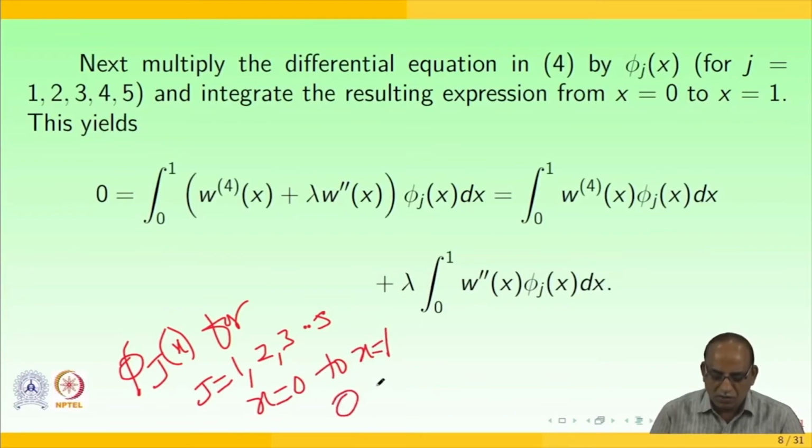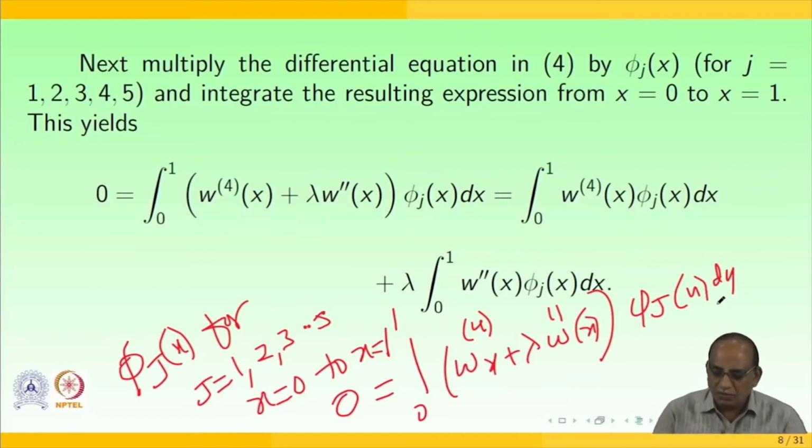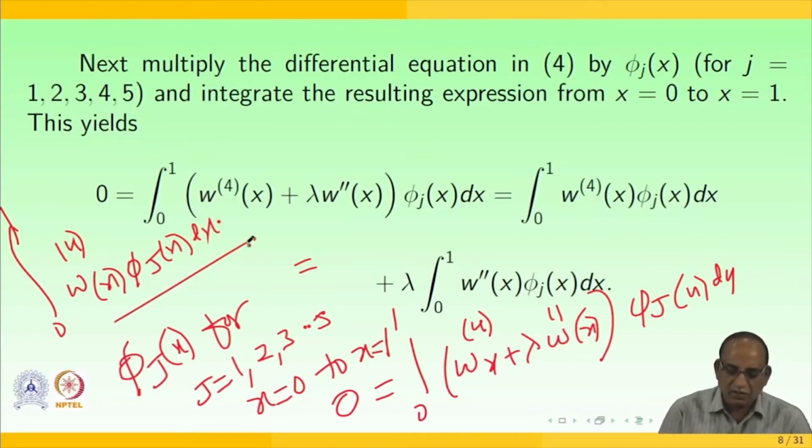So we will have 0 is equal to the integral from 0 to 1 of w to the power 4 of x plus lambda times w double prime of x, multiplied with phi j of x dx. So ultimately this turns out to be the integral from 0 to 1 of w4 of x phi j of x dx.